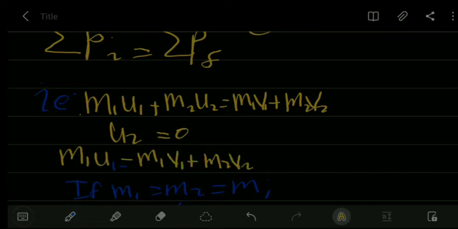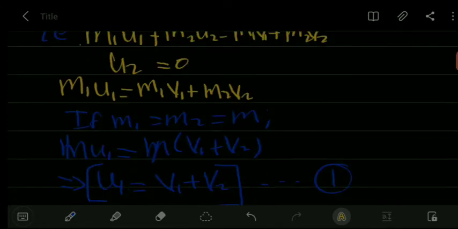Then if we consider the mass of the first ball to be equal to the mass of the second ball, the masses cancel out, and we remain with u1 equals v1 plus v2 as our equation 1.